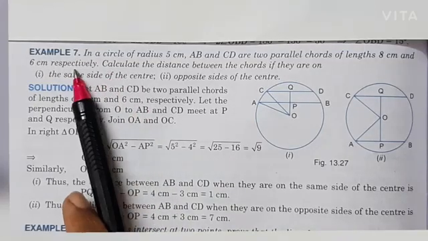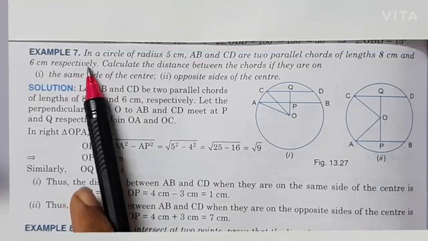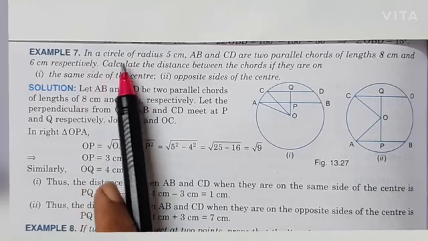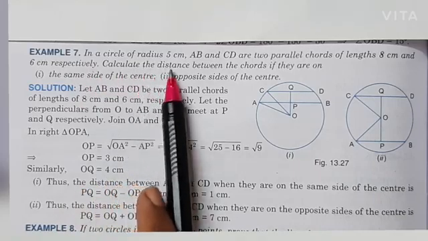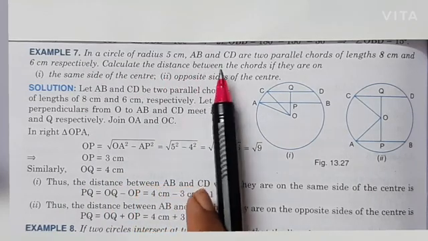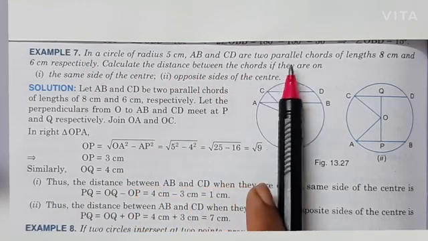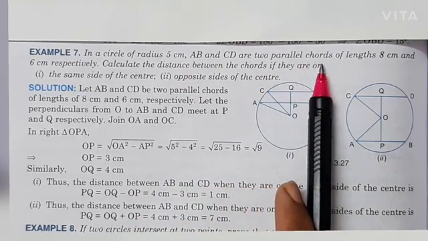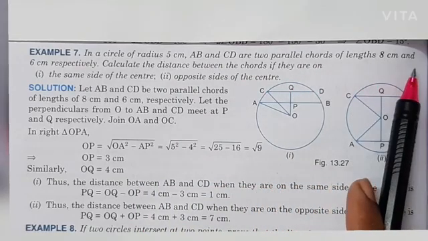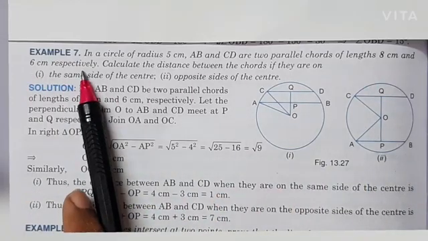Now let us discuss example number 7 on the next page. See, the example is: in a circle of radius 5 centimeter, AB and CD are two parallel chords of length 8 centimeter and 6 centimeter respectively.